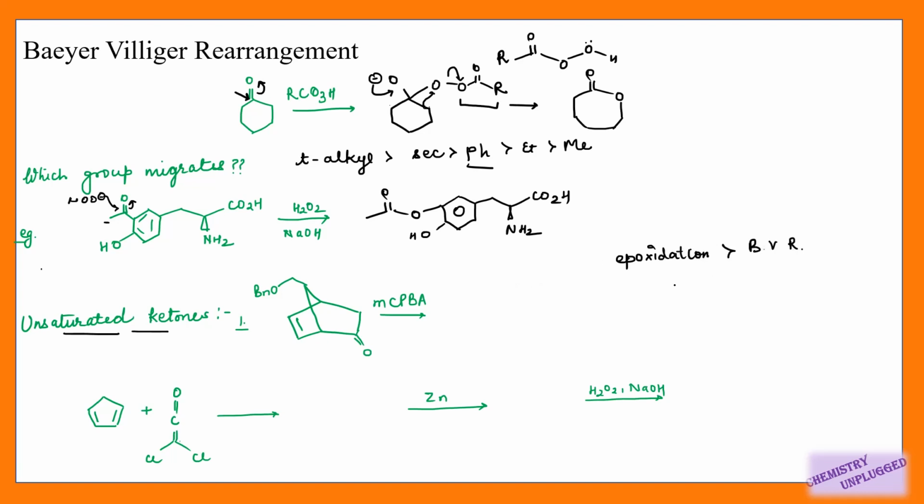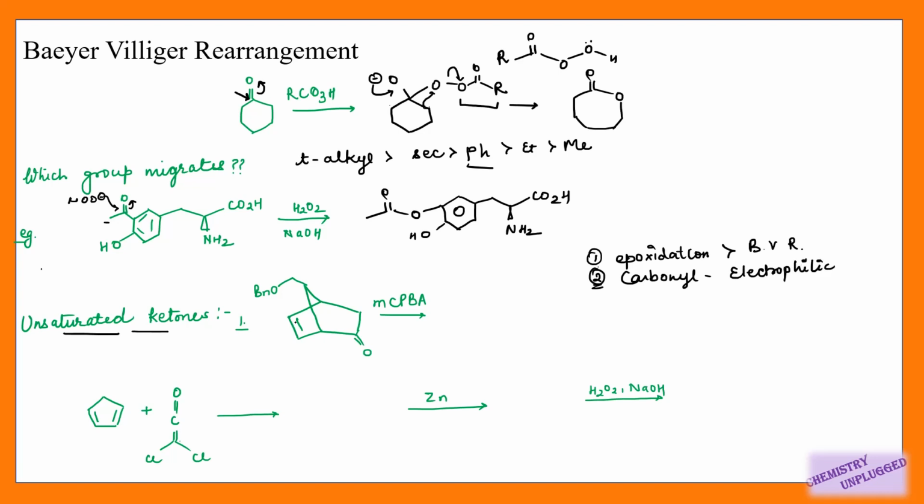But the second important thing is we have to decide whether this ketonic group is more electrophilic. If this ketonic group is more electrophilic in nature, then Baeyer-Villiger reaction will be done preferentially. We have to decide whether this carbonyl group is more electrophilic than the nucleophilic nature of this double bond.